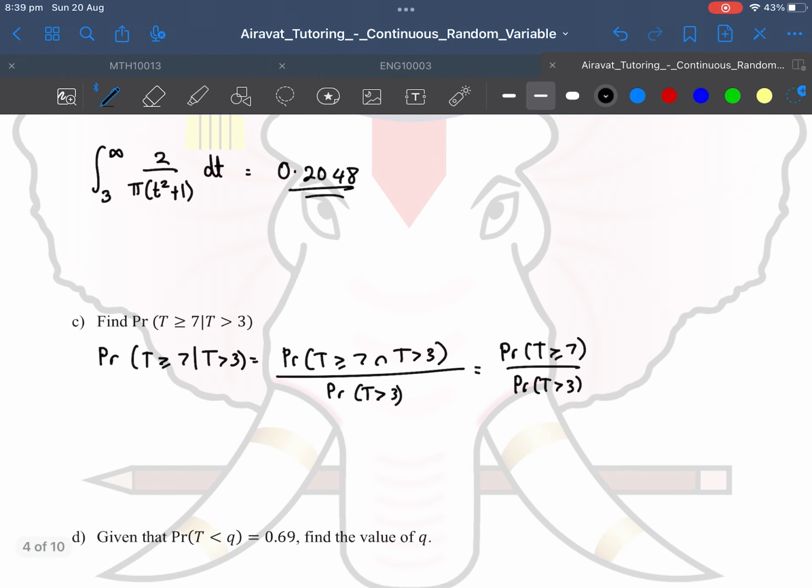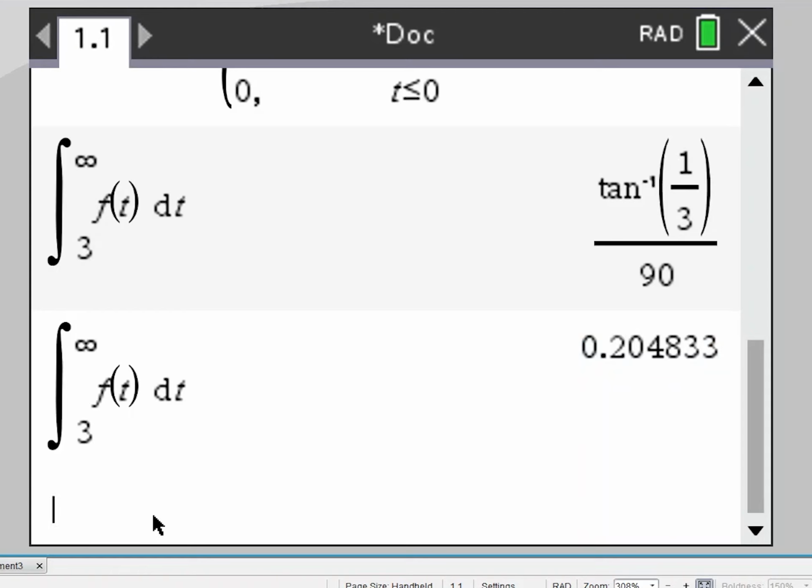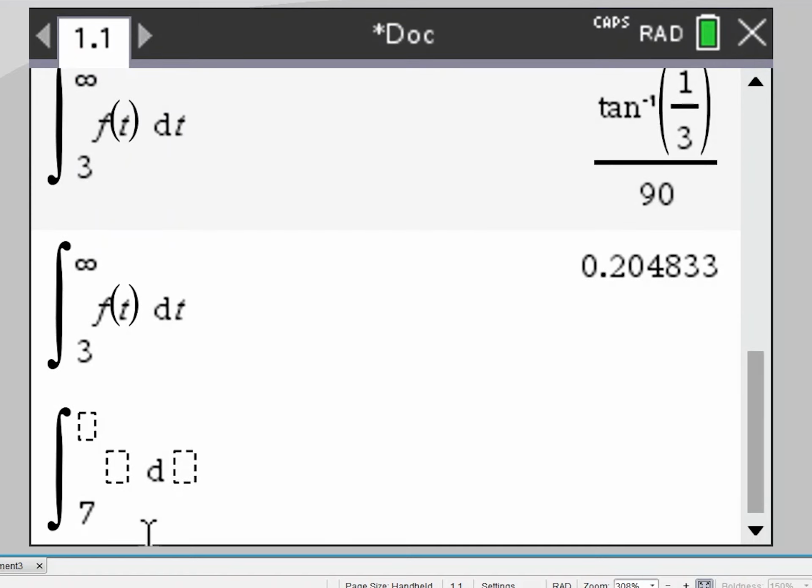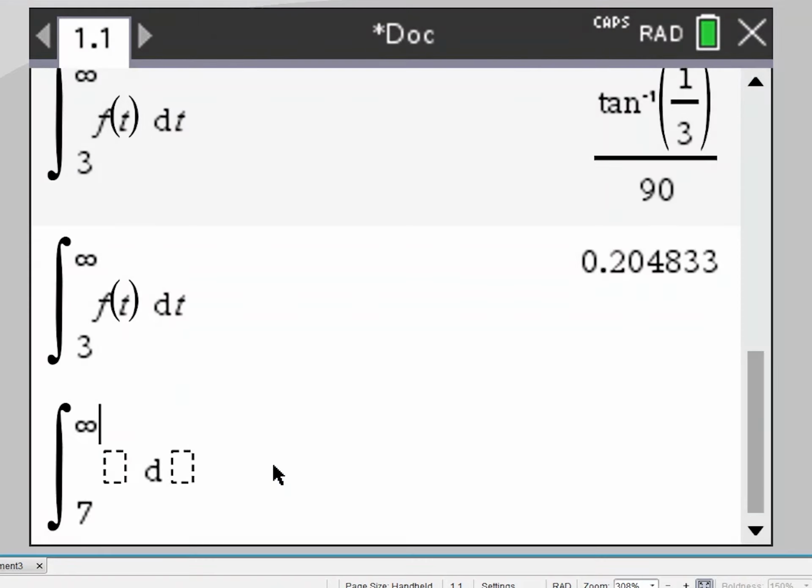Let's calculate using CAS. So the probability of t greater than or equal to 7 is going to be from 7 to infinity, 2 over pi t squared plus 1 dt, which is equal to, let's do it on CAS. Okay, now let's find the probability that t is going to be greater than or equal to 7. So press menu 4 3, and now 7 all the way to infinity, f of t dt.